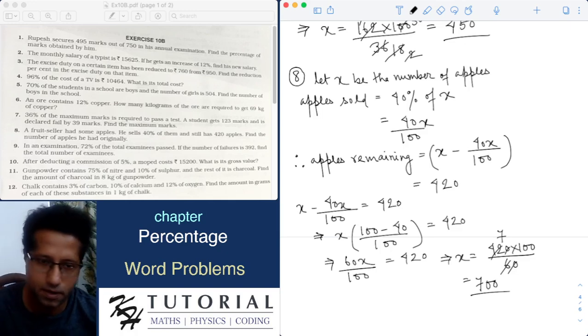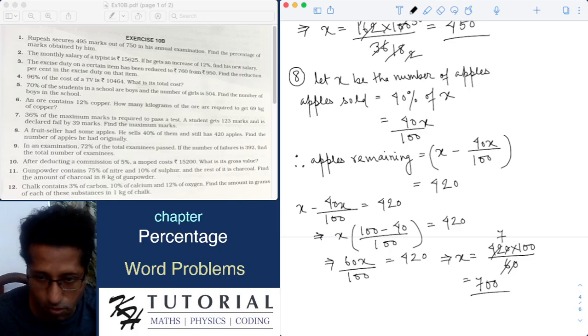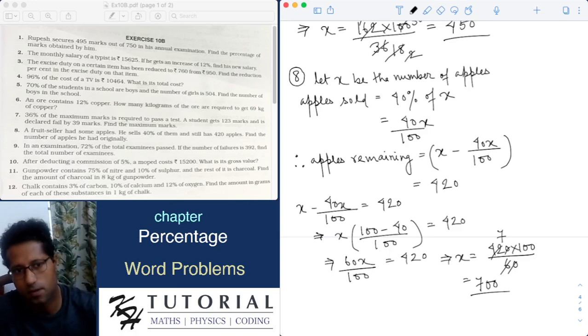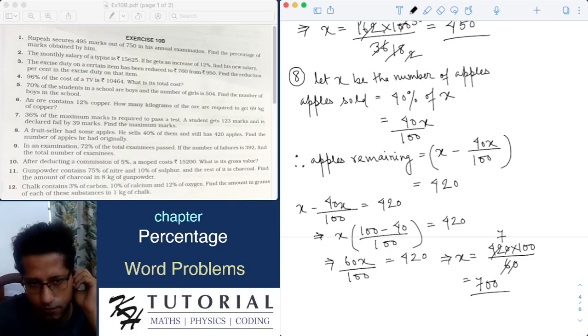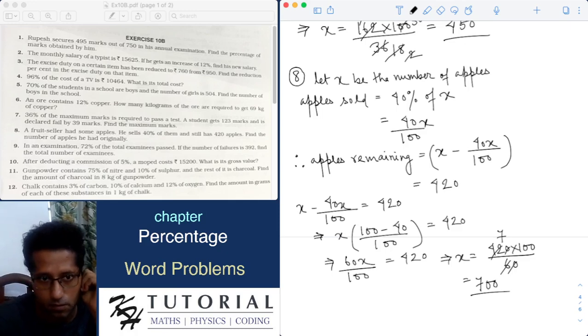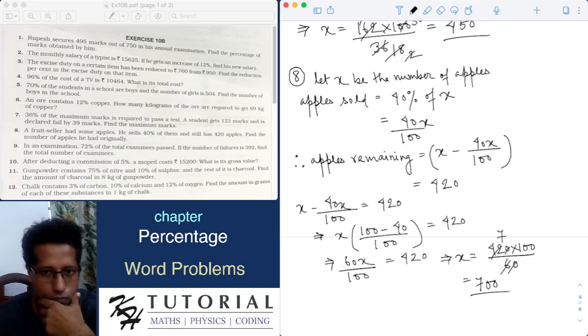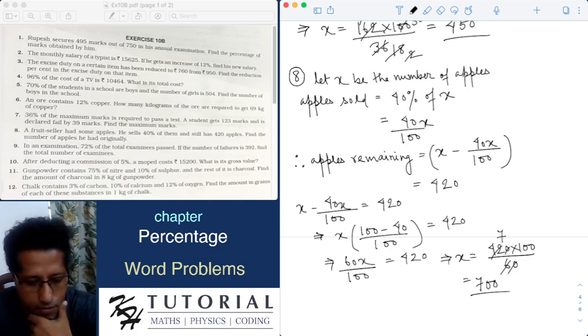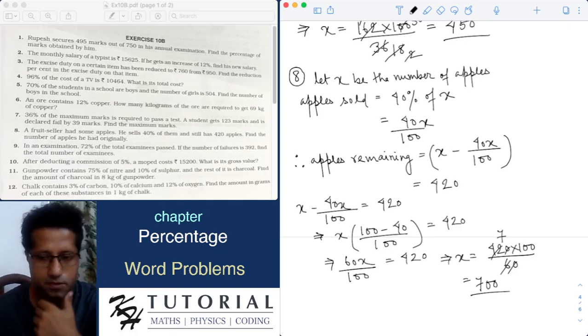Now, if you are smart enough with percentages, you could possibly use a shortcut for solving this kind of problem. In this problem it has given that he sells 40% of them and still has 420 apples. Now he sold 40% of them, so definitely 60% is remaining.